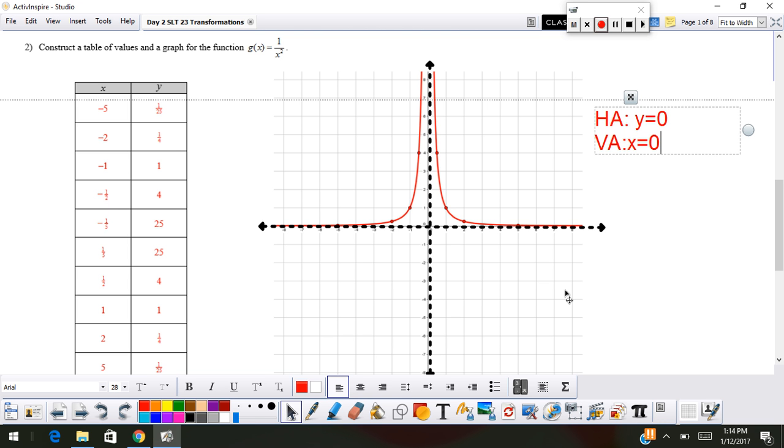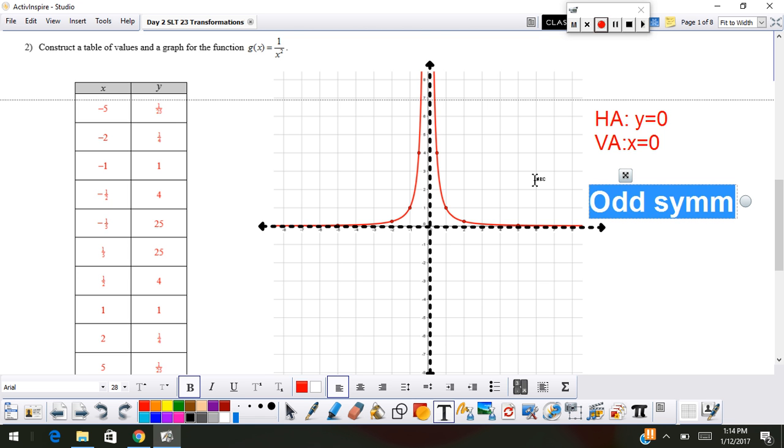And while I'm making some notes on these parent graphs, I'm also going to note on the side that the graph on page 8 has odd symmetry. And I'm sorry, not odd symmetry, even symmetry.